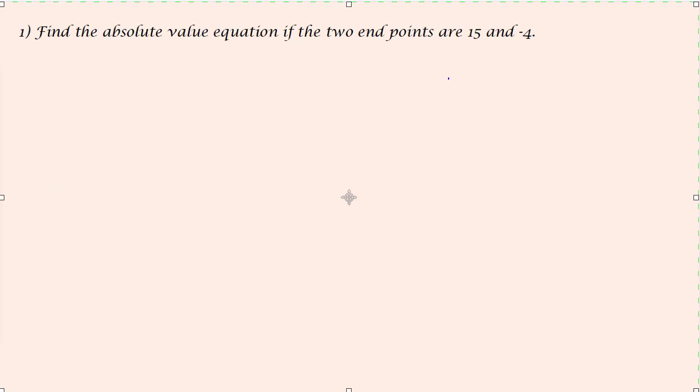So first off, let's take a look at it. Find the absolute value equation if the two endpoints are at 15 and negative 4. So let's go ahead and draw it so you can see it as a line.